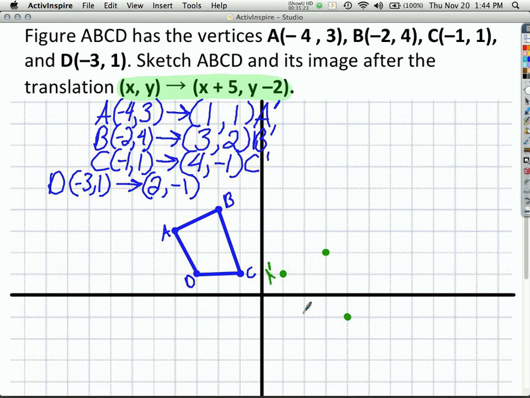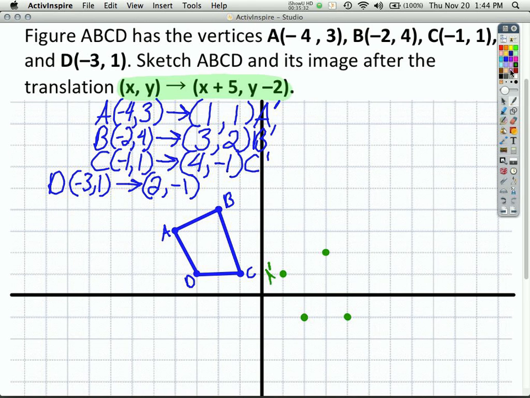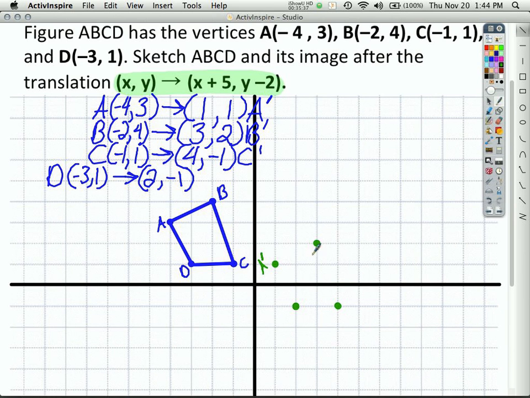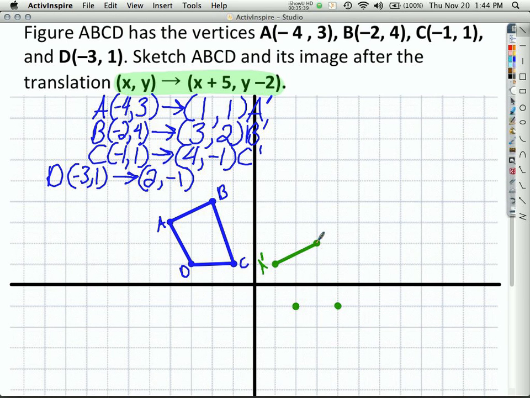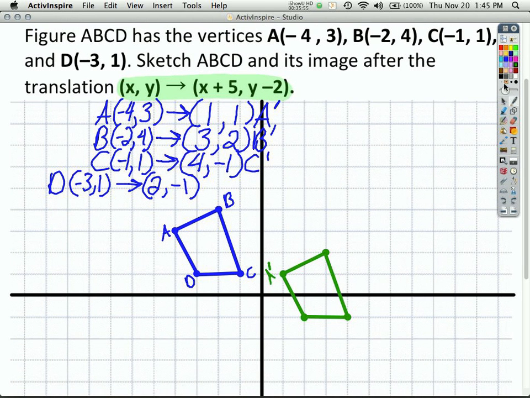And 2, -1. Connect the dots and label your points.